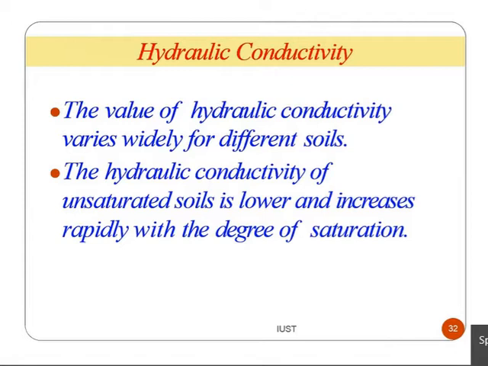The hydraulic conductivity values vary widely for different soils. We know that there may be different types of soil present, so there may be different hydraulic conductivity based on their different properties.